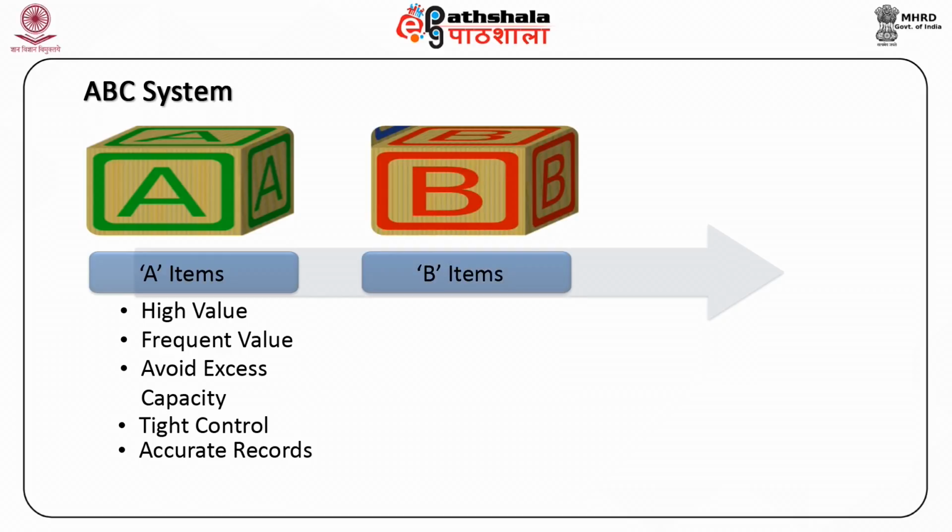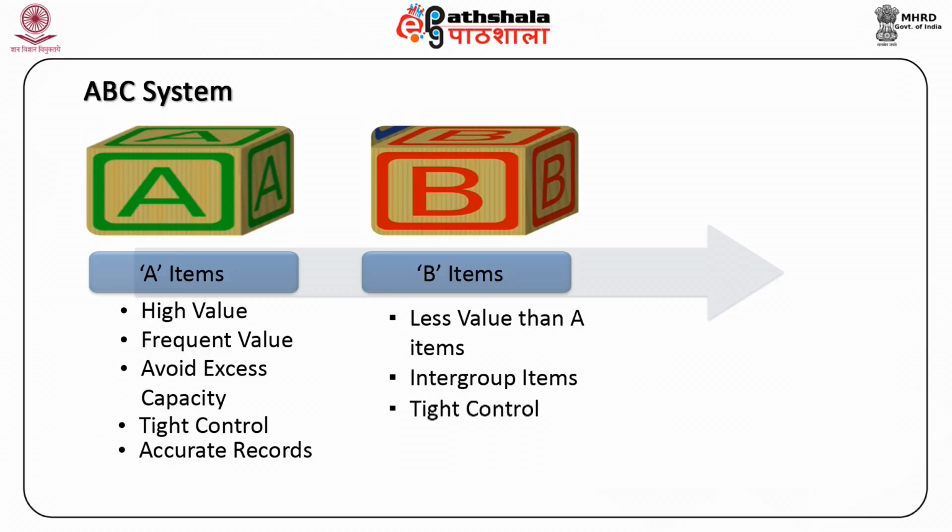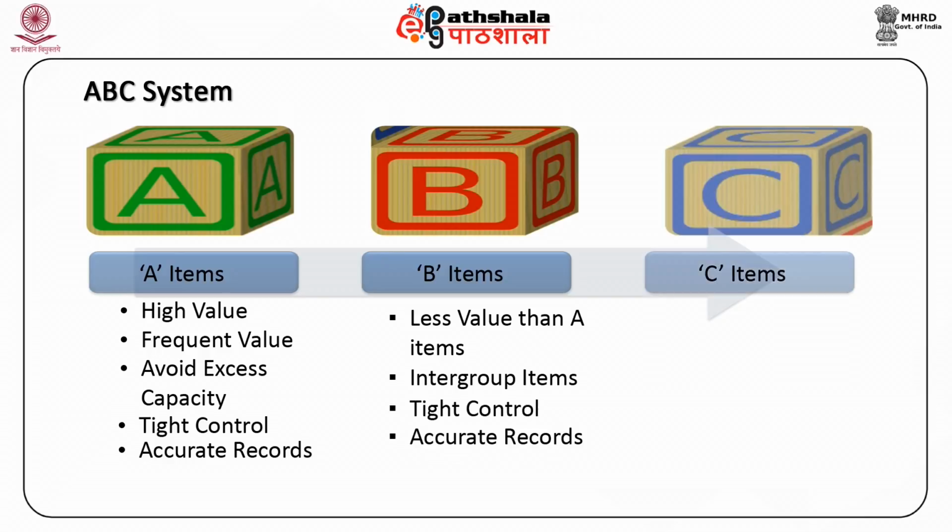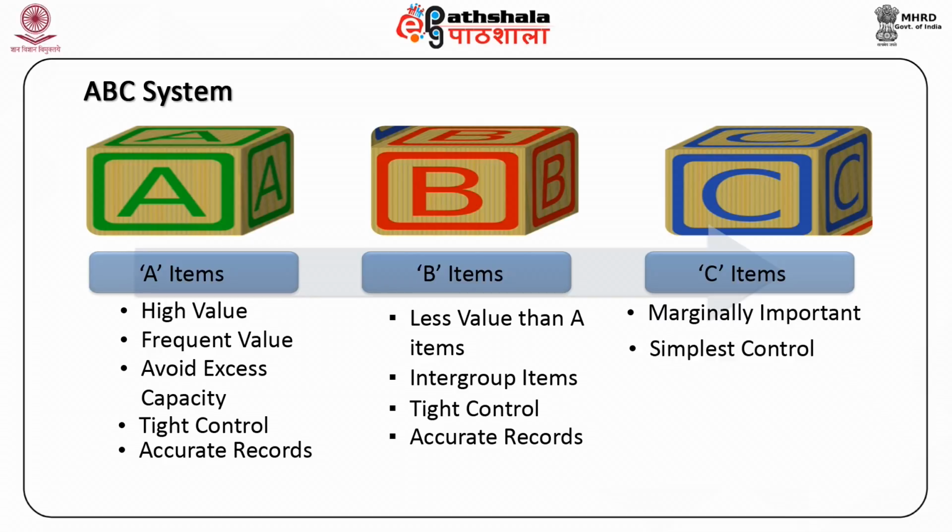B items are important, but of course less important than A items and more important than C items. Therefore, B items are intergroup items. For these, very tight control and accurate records are required. C items are marginally important. For them, simplest controls possible and minimal records are sufficient.